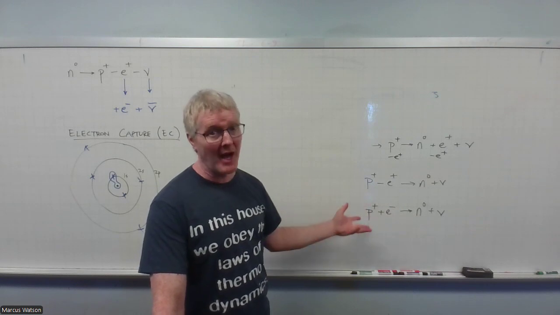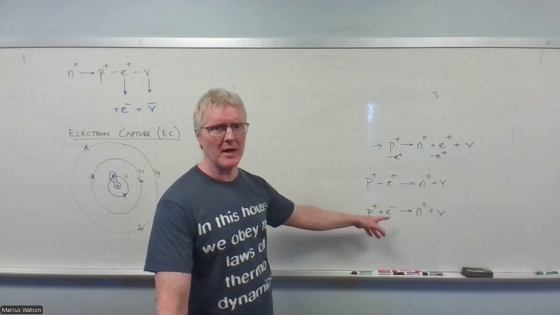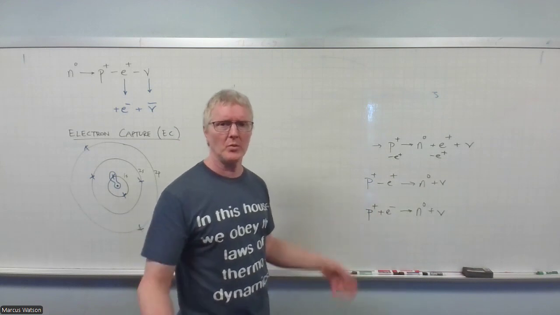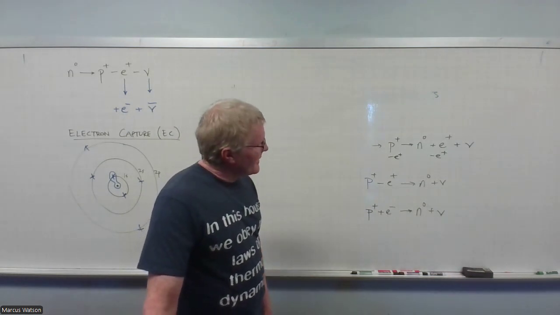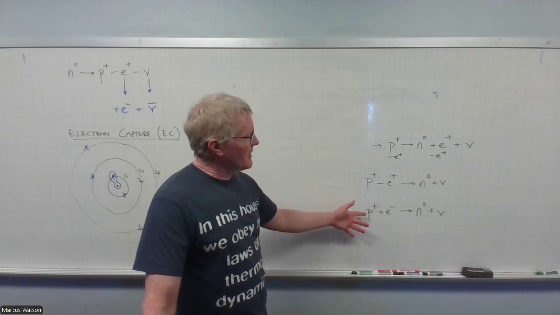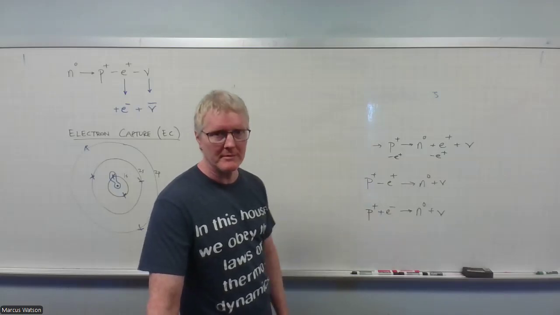Like I said, they're not. So you might say, well, what happens to the electron in this case? Where does it go? Well, that's a good question. But ultimately, it's helping the proton become a neutron.